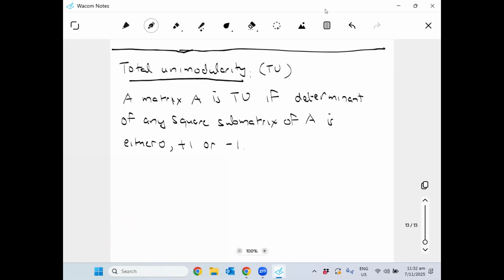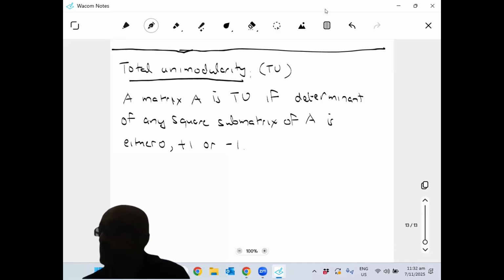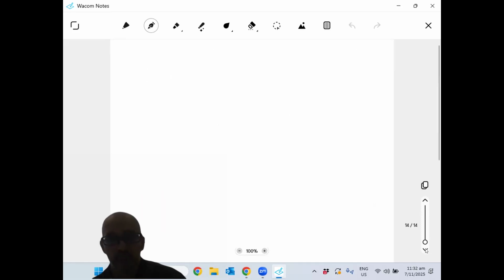So I give you a matrix A and I take any square submatrix in this. I take a set of rows and a set of columns and I look at the determinant of this. That has to have a determinant which is 1, -1, or 0. That's the definition of a totally unimodular matrix. Is the definition clear? So here's the theorem.